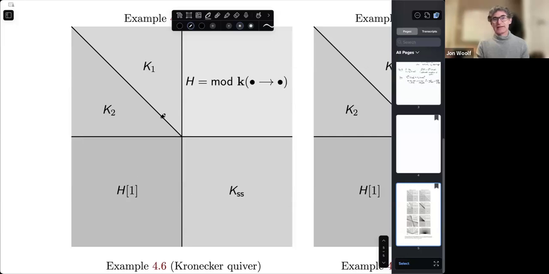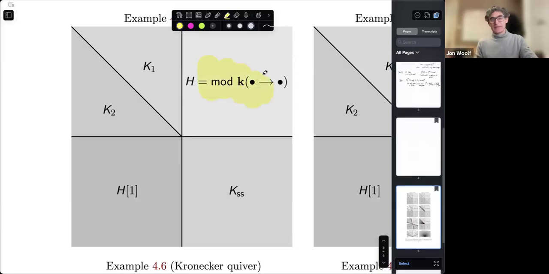So here we have the heart fan of A2 mod. As in the example I had before, where's my colors? This is the heart cone of A2 mod itself. This is the heart cone of its full shift, which is just minus that. That's obviously always the case. And then there are 3 strictly intermediate hearts.